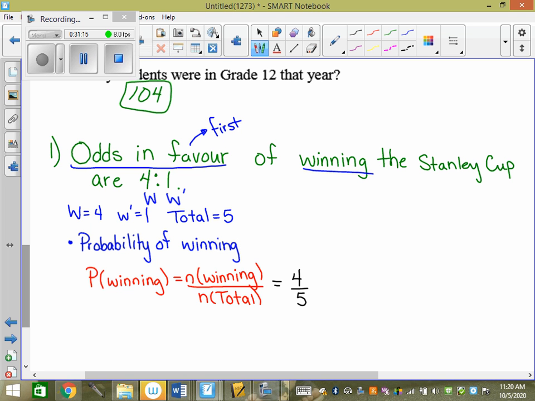A hundredth, 100, has 2 zeros, so 2 decimal places. A thousandth has 3 zeros, 3 decimal places. So I want the nearest hundredth: 0.8 is what my calculator shows, but that's to the nearest tenth, so I have to add a 0. If I say to the nearest whole percent, I take that, times it by 100, and I get 80%. So if it says percent, remember to multiply by 100.